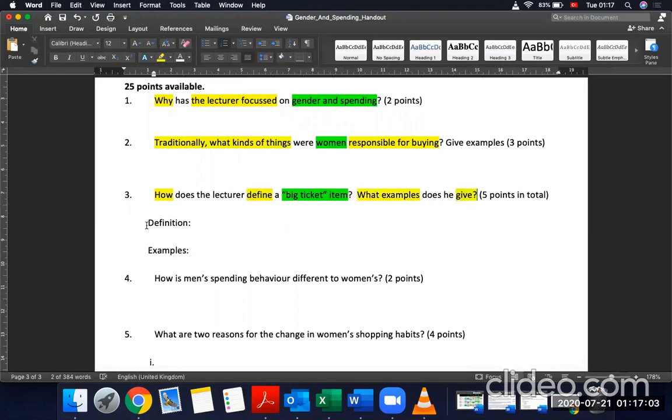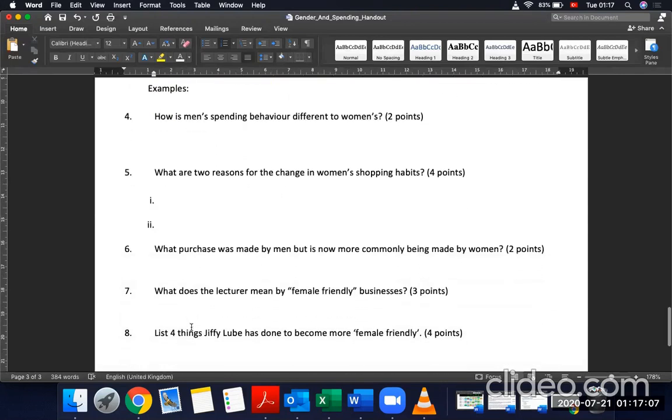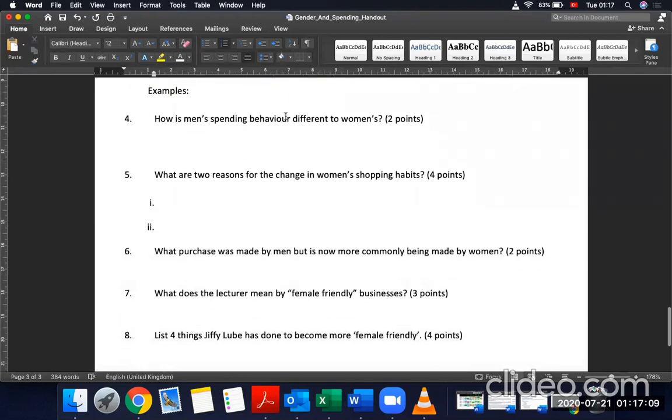Please write below here definition and examples. How is men's spending behavior different to women's? Let's say, what are the differences between men's spending behavior and women's spending behaviors?